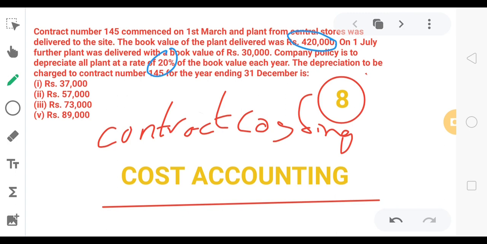So each year we calculate depreciation at 20% of the book value. The book value is 4,20,000 for the first plant, and 30,000 for the second plant.